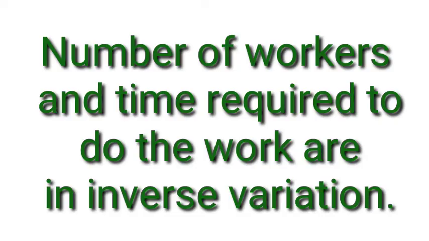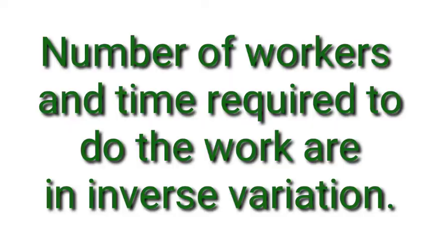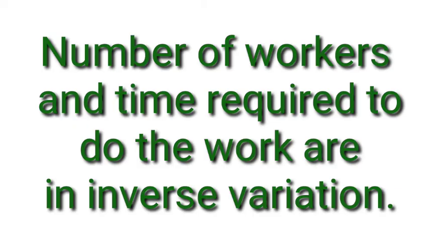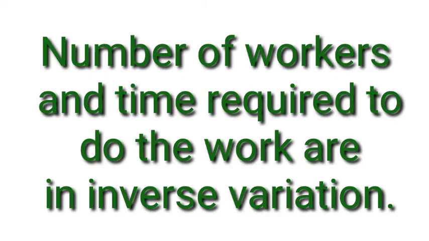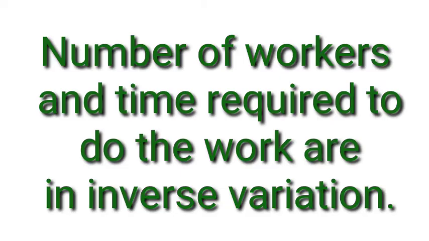Example number 1: suppose I have to paint my room. So I'll call some workers. Here, if I increase the number of workers, then the time required to paint my room will be less. That means it will be completed in fewer days, so they can do it very fast.